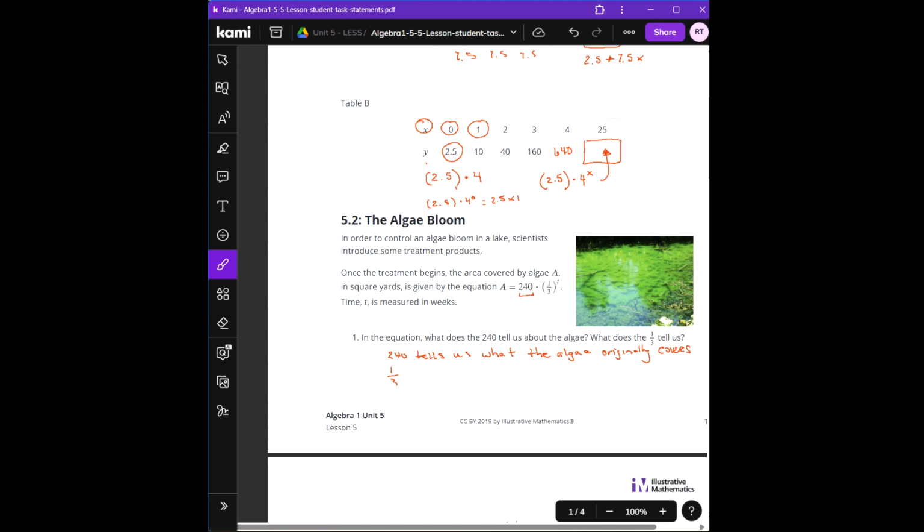Okay, and then the 1/3 is going to tell us that every week the area covered is 1/3 of the area covered the previous week. Okay.